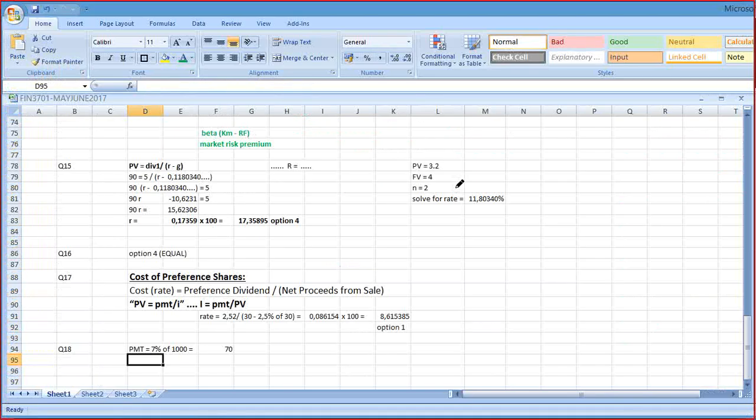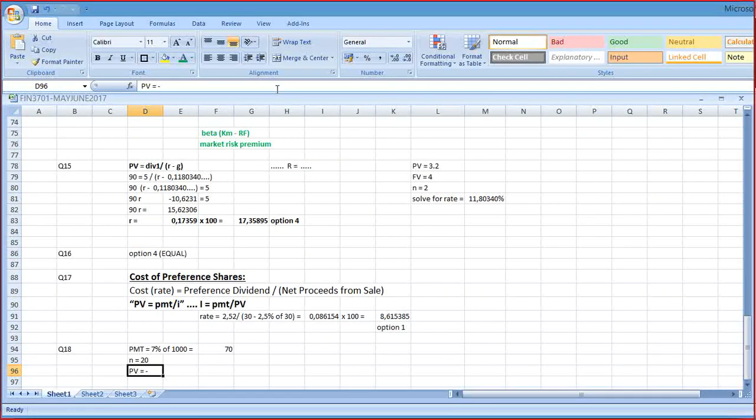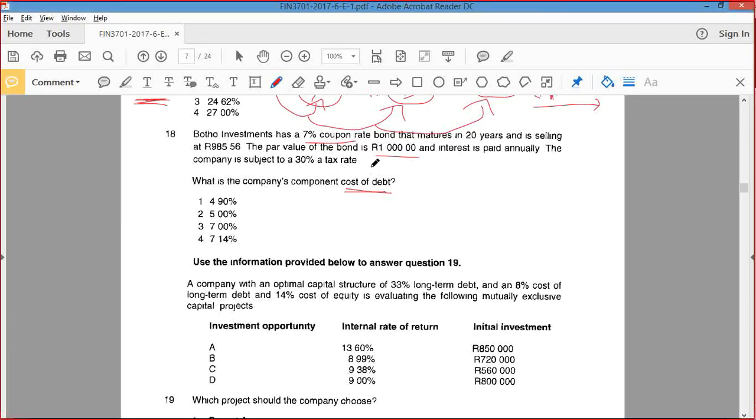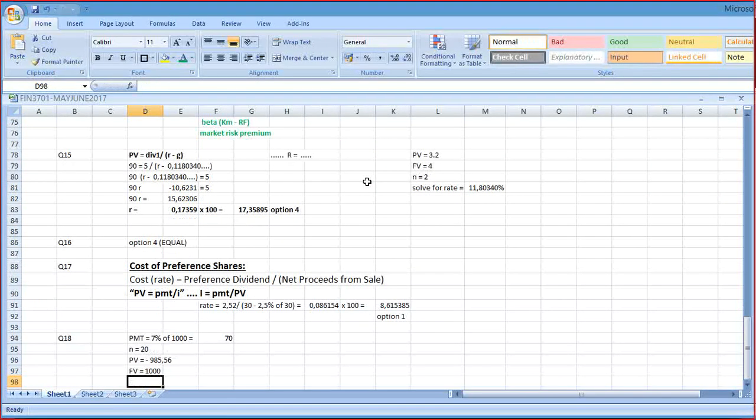So we'd have N equals 20, PMT is 7% of 1,000, and your PV is 985.56. Your future value would be 1,000, wouldn't it? Yes.